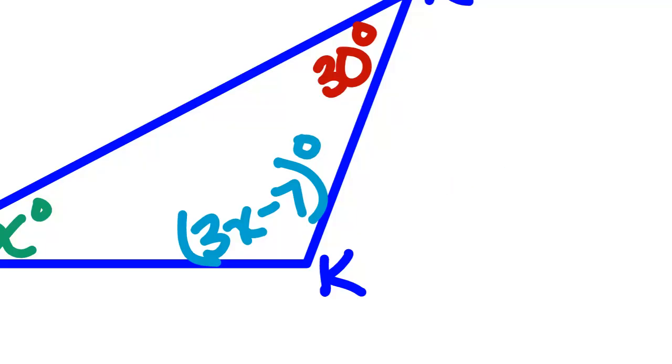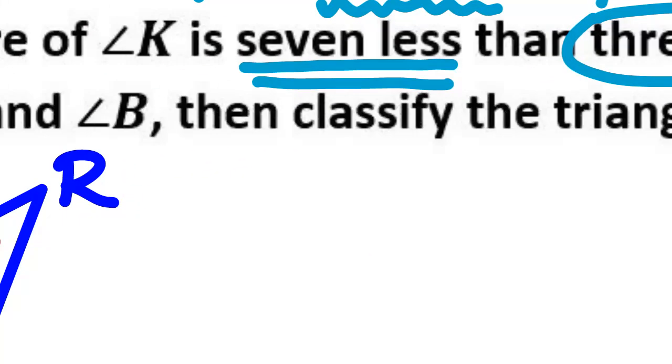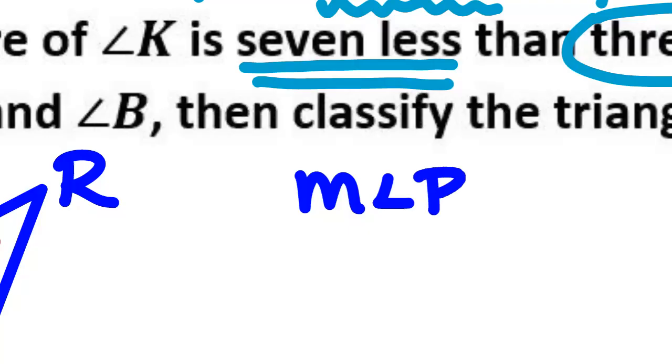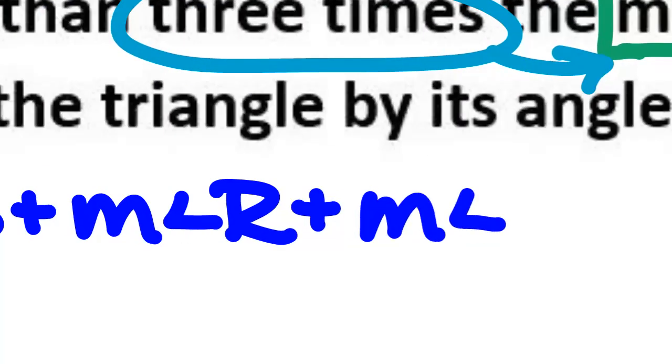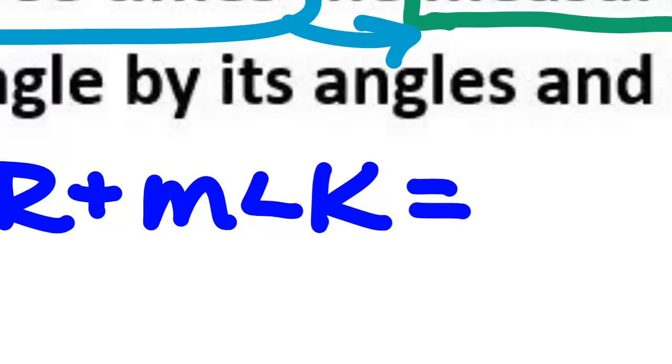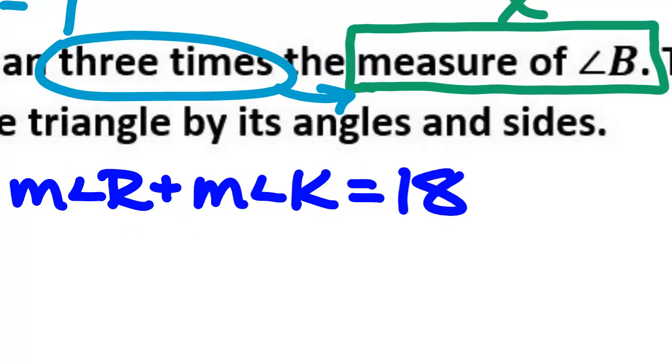The 3 angles in a triangle add up to how much? 180. So the measure of angle B plus the measure of angle R plus the measure of angle K equals 180 degrees.